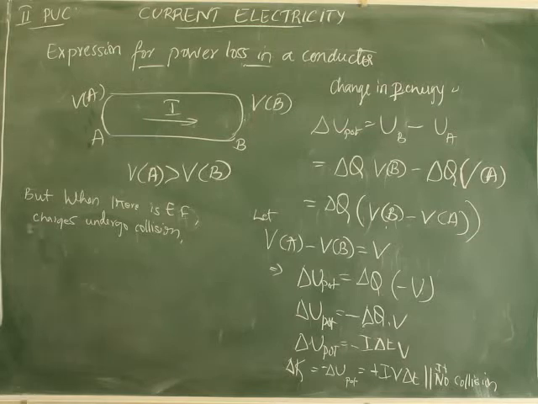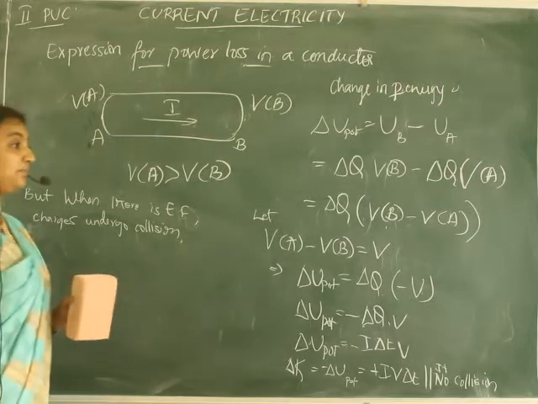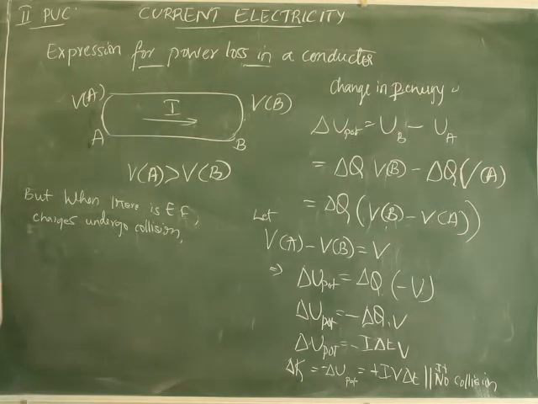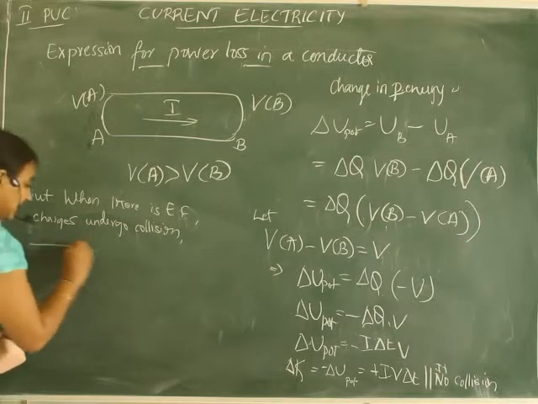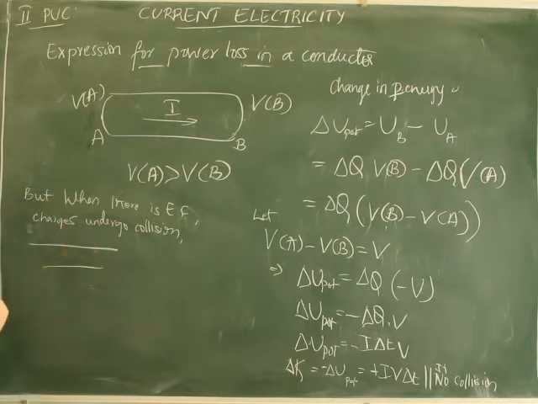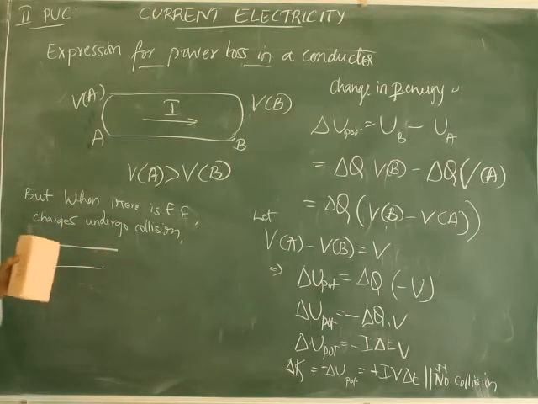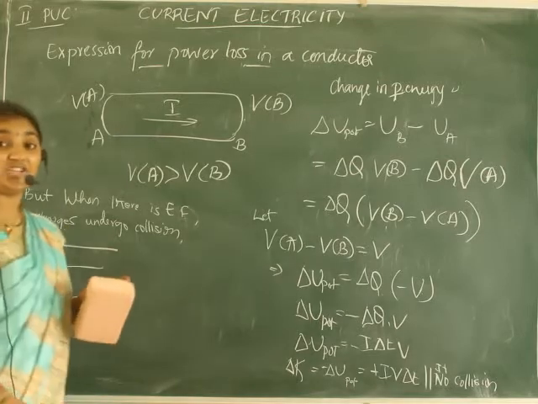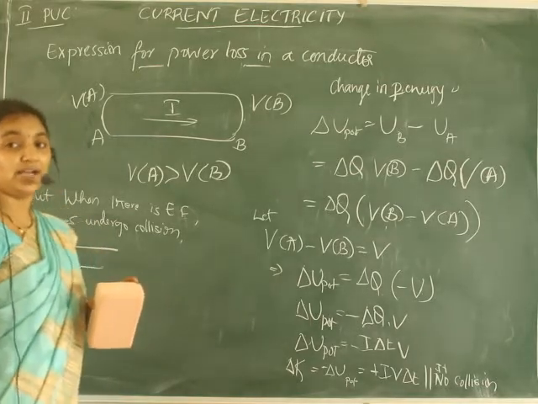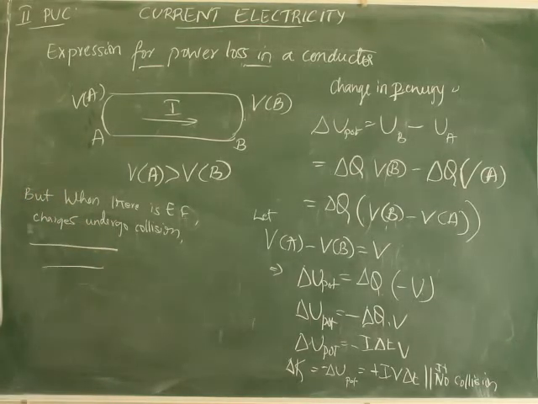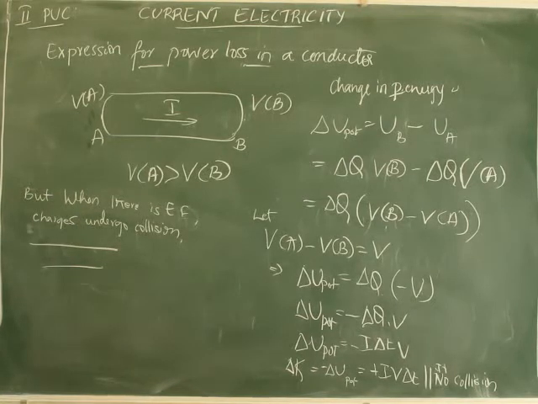During collision, the energy is transferred from one atom to another atom, and the atom gains energy and starts vibrating vigorously. Please write that sentence: when there is an electric field, charges undergo collision, and hence the atoms absorb energy and vibrate vigorously. Correct? That is, the conductor will get heated up.